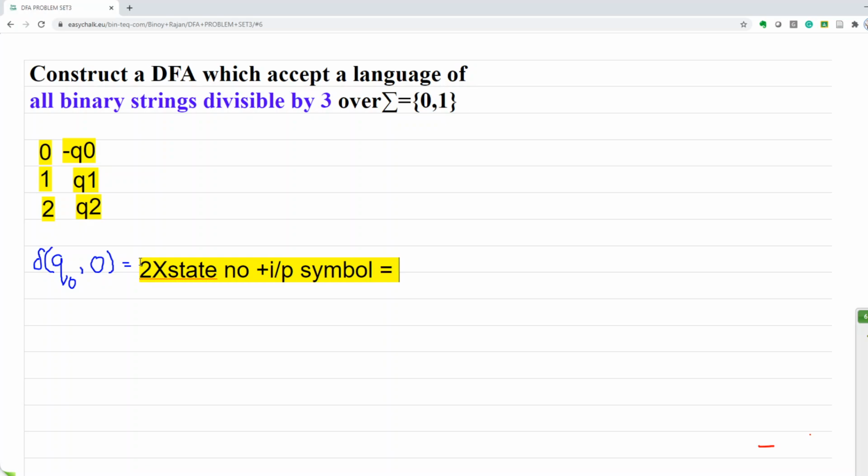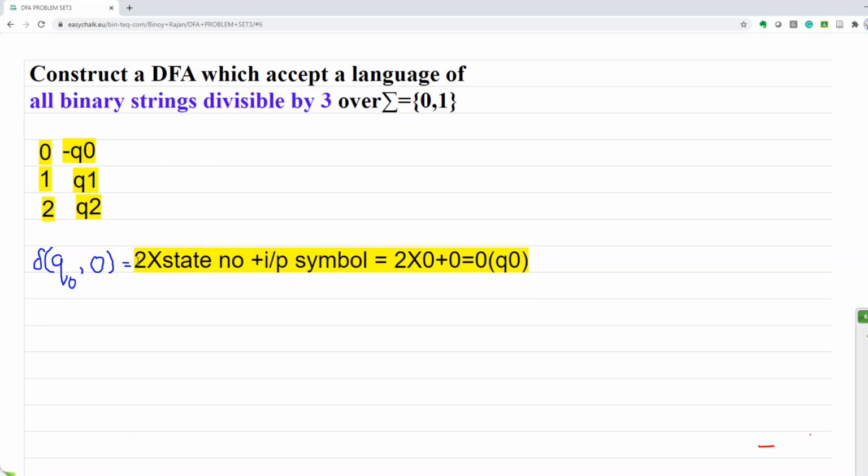So 2 into state number 0 plus input symbol 0 will be 0, so it's in the state Q0. So delta transition of Q0 with input symbol 0, I am still in the state Q0. This is what it means. So this is the formula, 2 into state number plus input symbol. I got transition Q0, 0, I reach Q0. Okay.